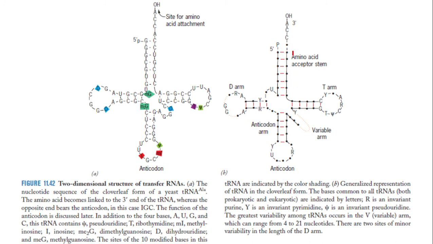This amino acid is being accepted here at this 3' end. The sequence at the 3' end is always C, C, A. Cytosine, cytosine, adenine. At the 3' end of the adenine nucleotide, there is the OH group free. The amino acid is attached onto this OH group. So this is the amino acid binding site.